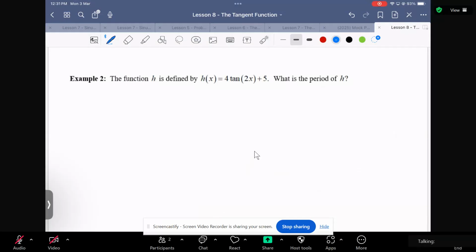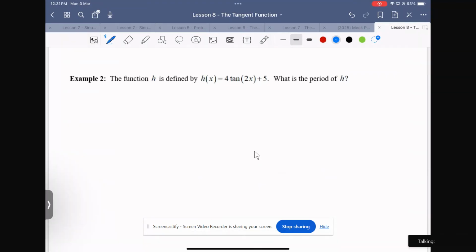Okay, so in this one, the function is defined here. What is the period of h? From our formula, B is equal to pi over the period.